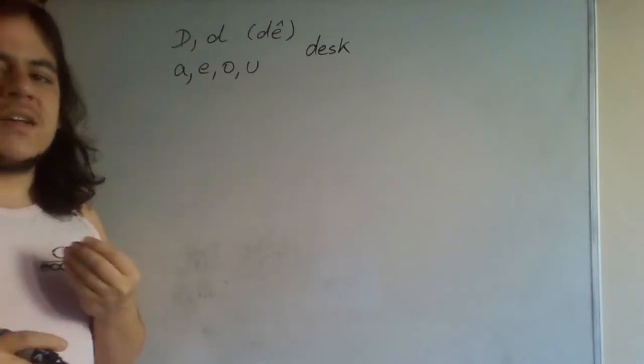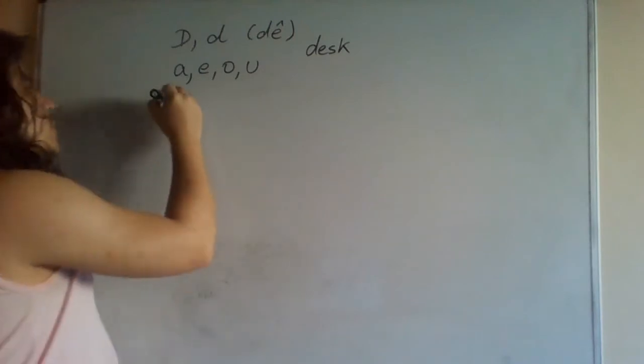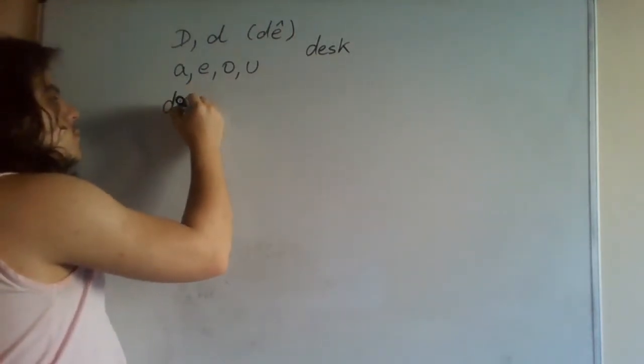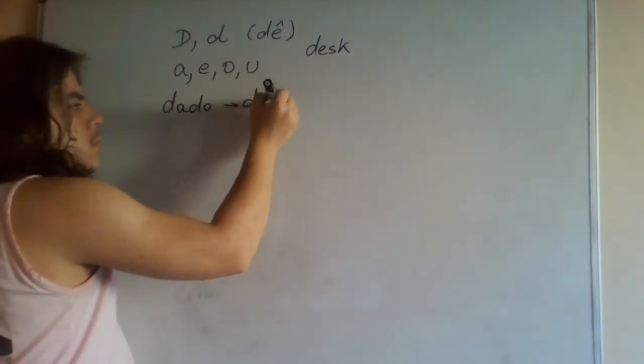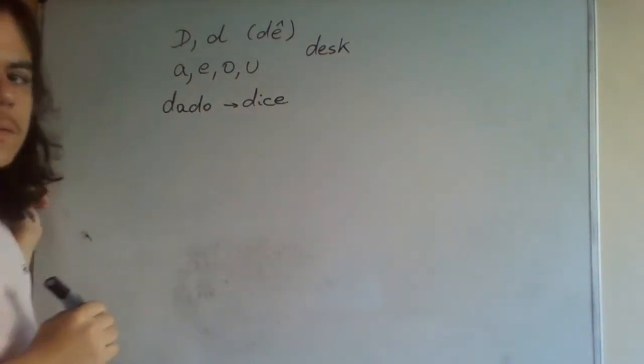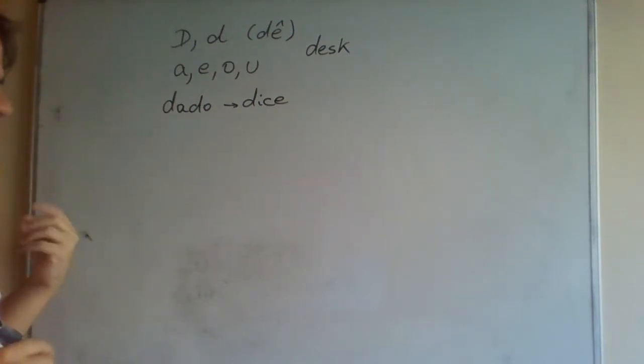So this is the sound, da, de, do, du. For example, dado, it means dice. Dado.